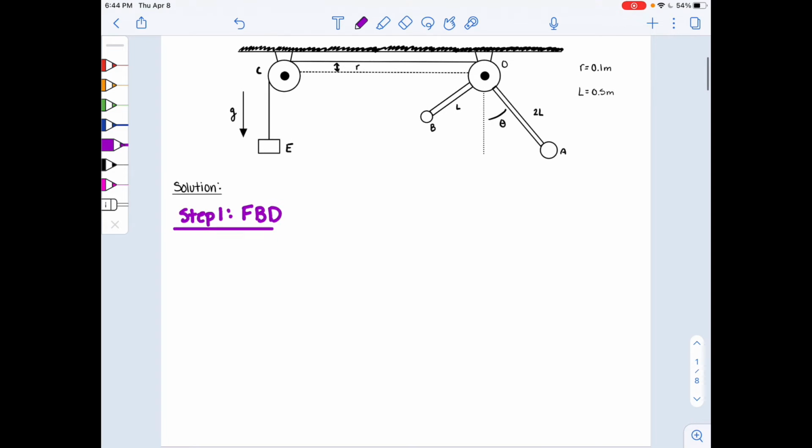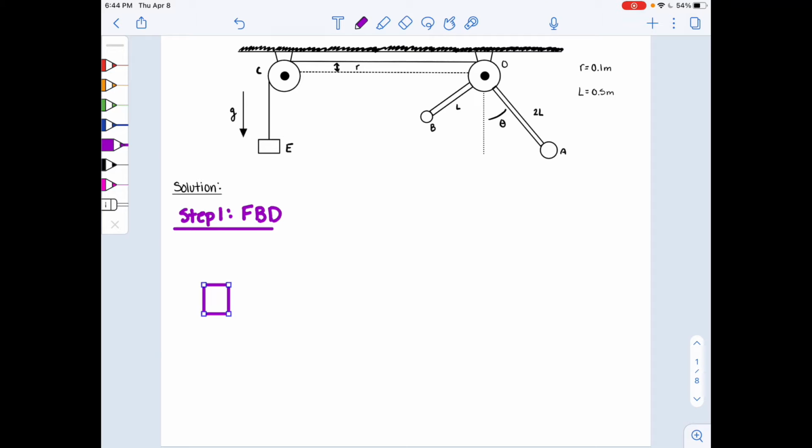So obviously there are 3 particles. We have E right here, B right here, and A. So we're going to be drawing the free body diagrams for B and E first.